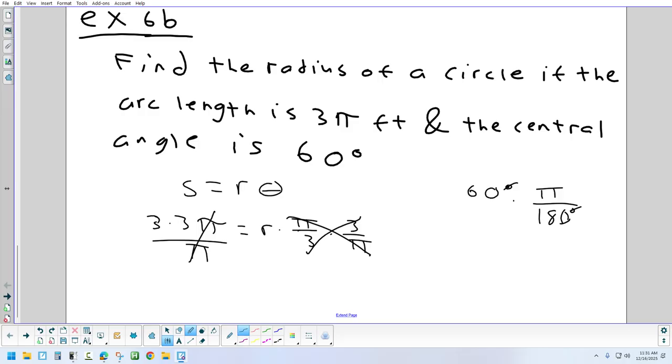So what do we get for a radius in this problem? Can you be more specific? I need a little more information than 9.